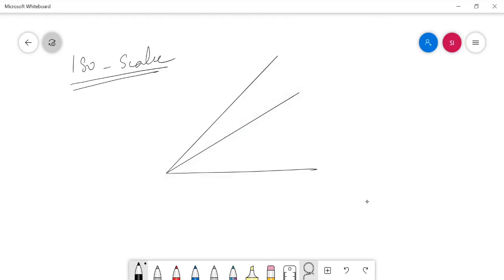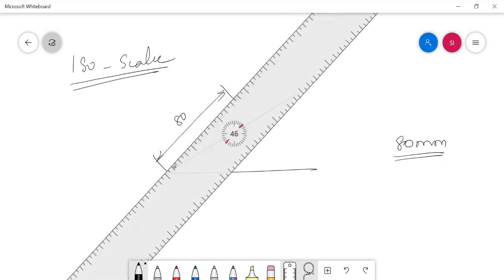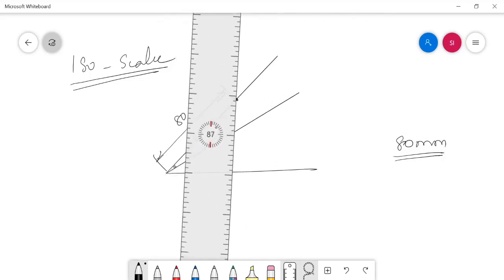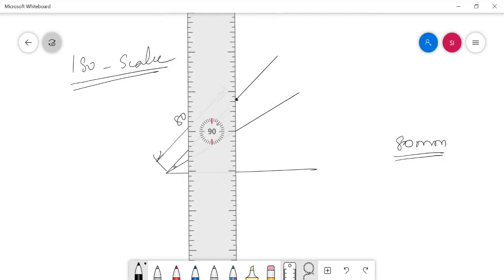For example, if my original dimension is 80 mm, I want to know its reduced dimension in the case of isometric projection. First, I have to mark the 80 mm dimension on the 45-degree inclined line. For example, here I marked this length as 80 mm, and then you have to draw a vertical line from this terminal towards the 30-degree inclined line.